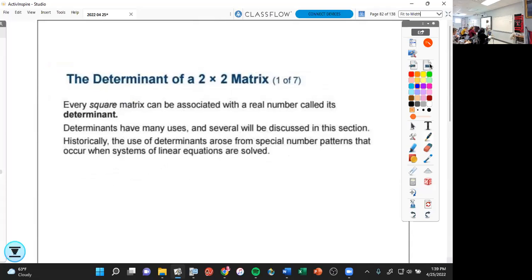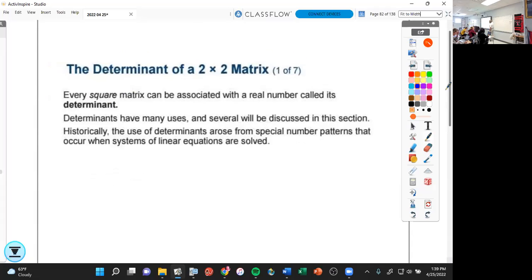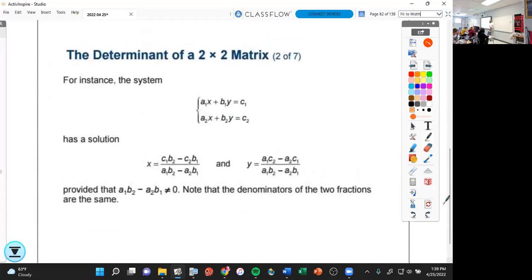Historically, the use of determinants arose from special number patterns that occur when systems of linear equations are solved. Okay, here's a system. System 1, a1x plus b1y equals c1. And a2x plus b2y equals c2.